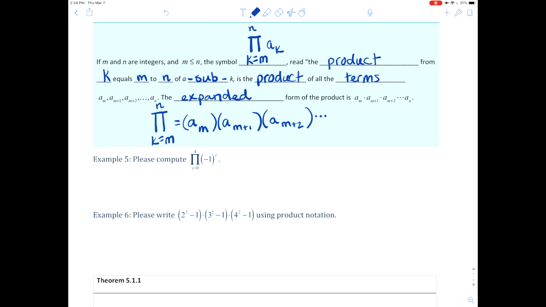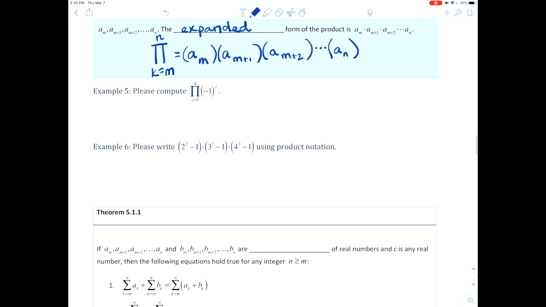And notice the dots are at the same level of where the multiplication symbol would go. Cool? All right, so let's practice.